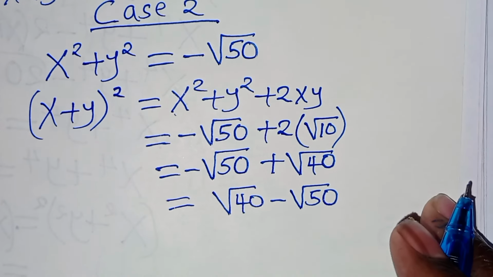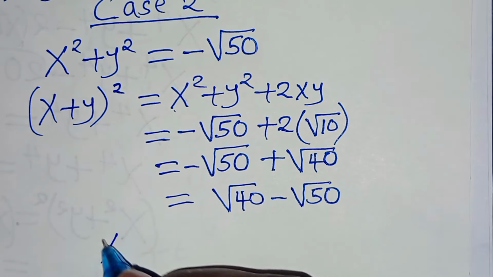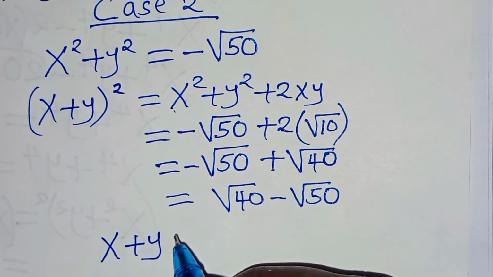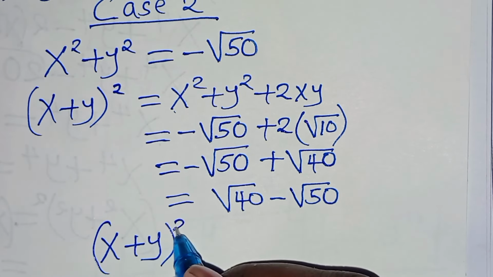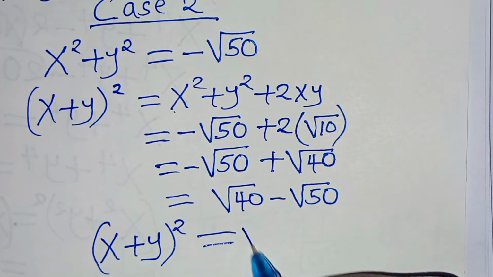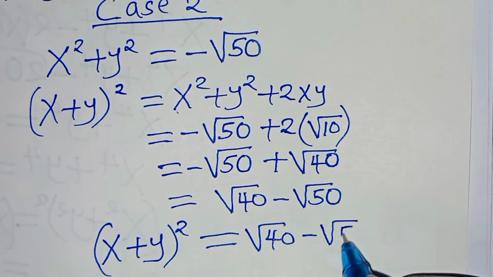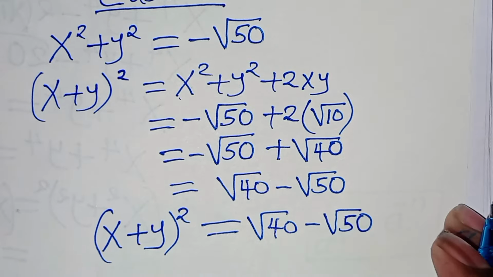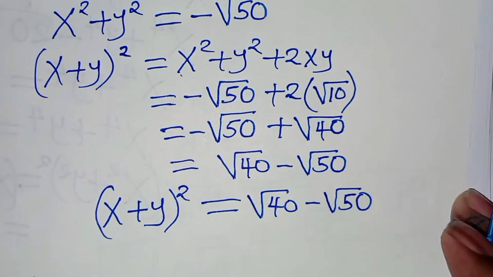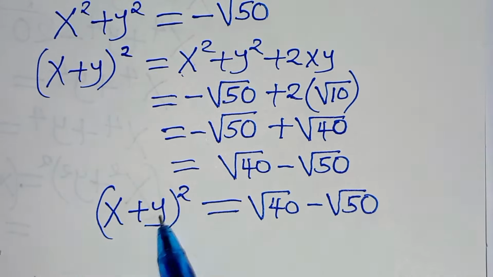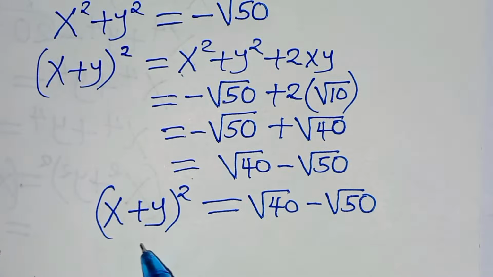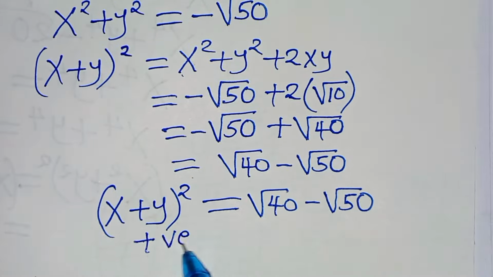So x plus y raised to the power of 2 is equal to root 40 minus root 50. Now something to note here is that if you check on the left hand side, x plus y raised to power 2 is supposed to give us a positive value from here.